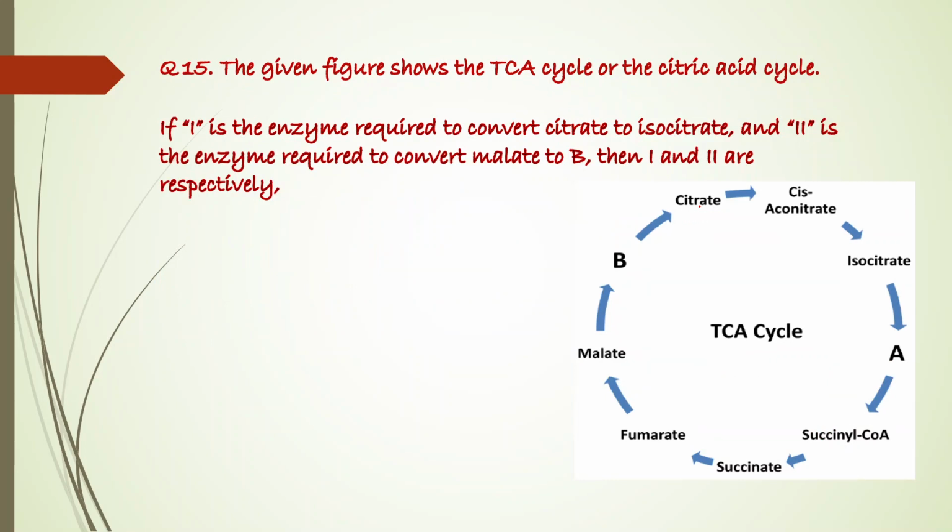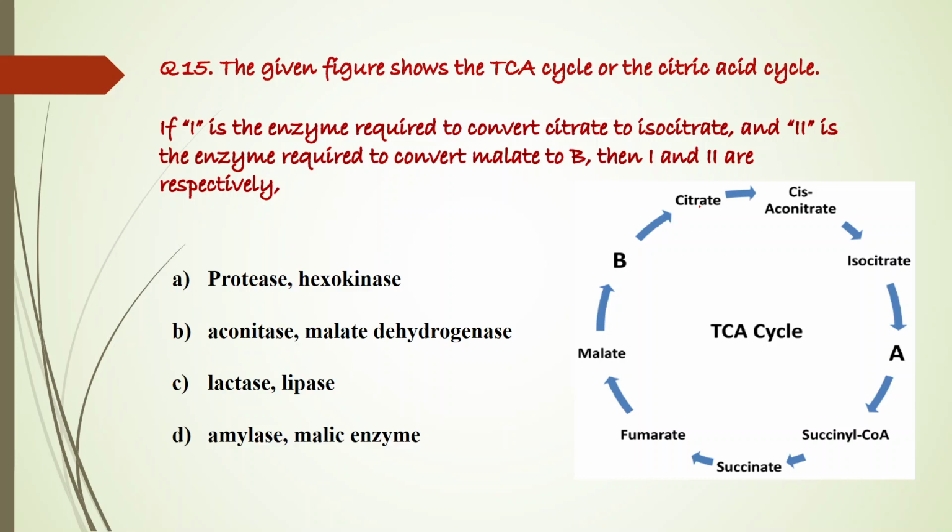Again the same TCA cycle has been given here. It is saying if 1 is the enzyme required to convert citrate to isocitrate, this is termed as enzyme 1.